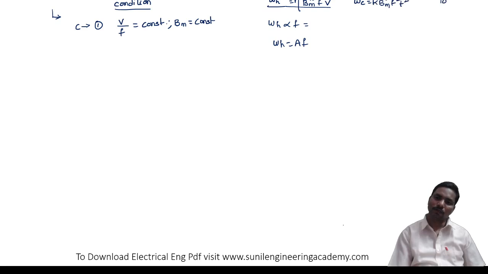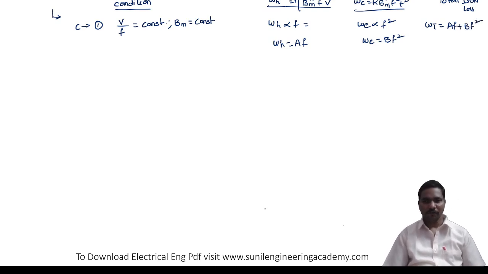Let us take total iron loss. The B max is constant. Eddy current loss is proportional to F square, B F square. So total losses is equal to hysteresis plus eddy current, A F plus B F square. It is the relation for the total iron losses whenever B max is constant.